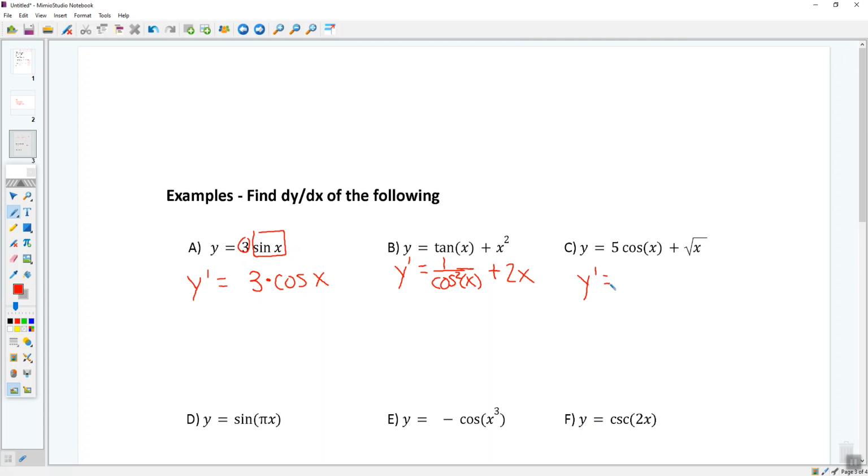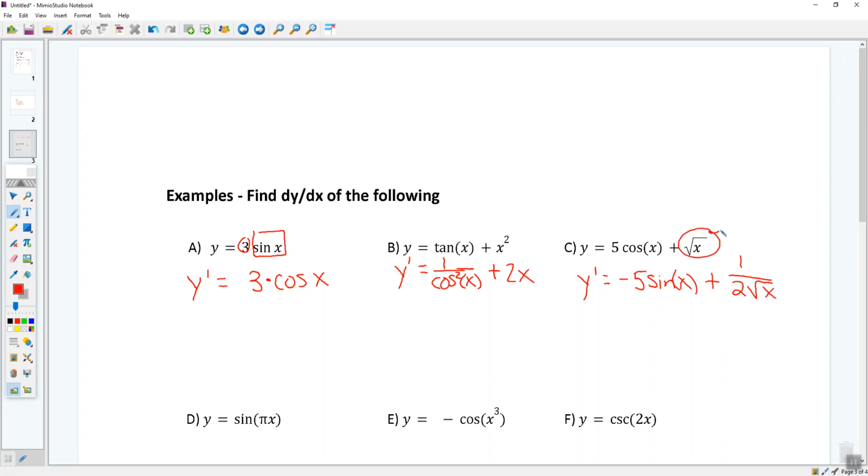Okay, now when you say 5 times the negative sine of x, is it okay if I take that negative and move it out in front of the 5 there? So I've got negative 5 sine of x. Okay, negative 5 sine of x plus, what did you guys come up with? 1 over 2.